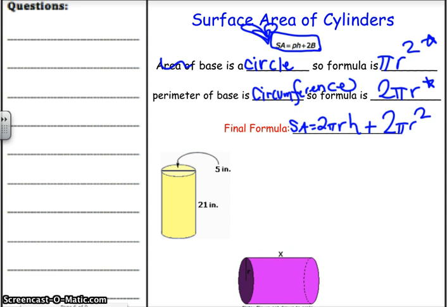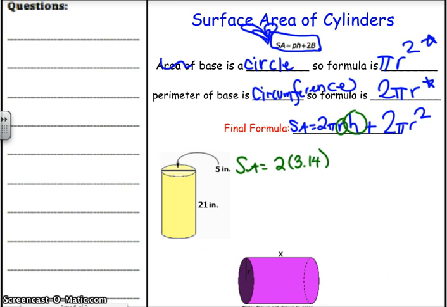All right. I think other prisms are a little bit more difficult to calculate than this, because here all I really do is plug in. All I need is my r and my h. That's all I need. So I just plug into that formula. So my surface area of this cylinder is going to be 2 times pi, 3.14, times r.